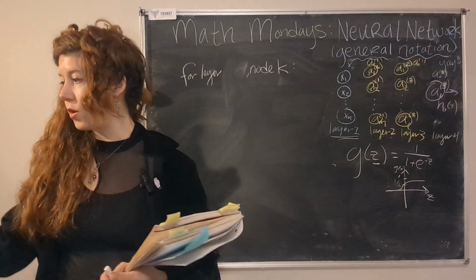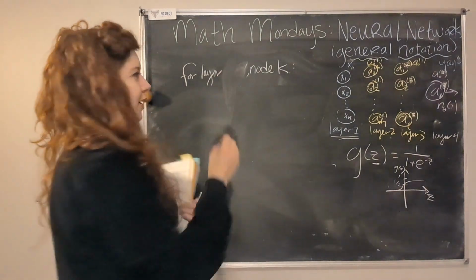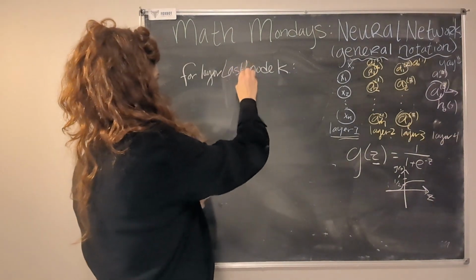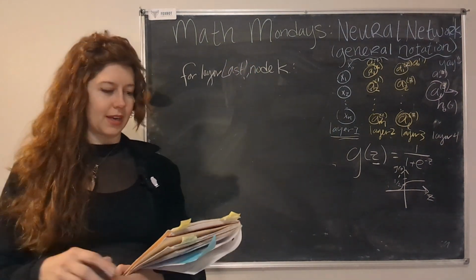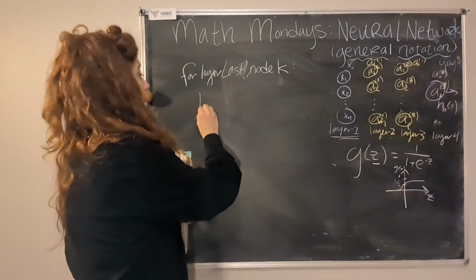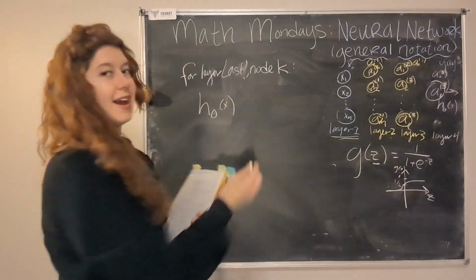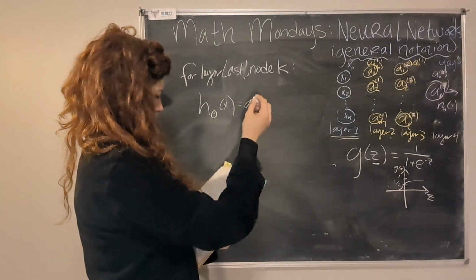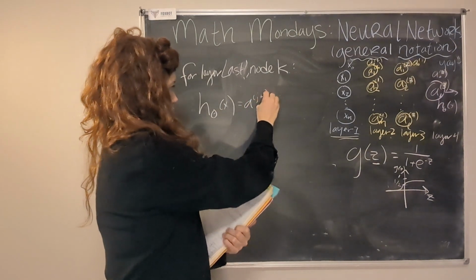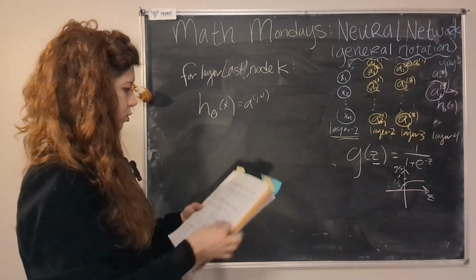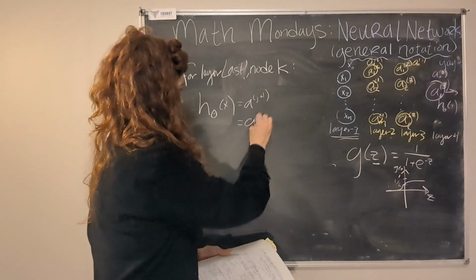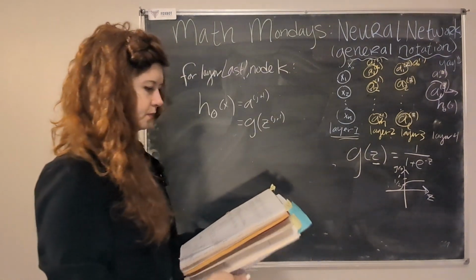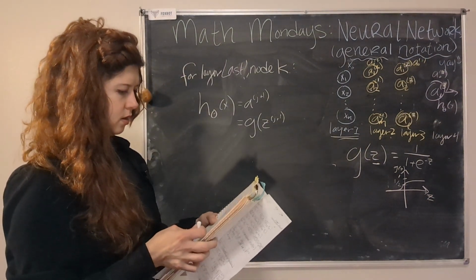So for the last layer, node k, our hypothesis function is going to equal a of j plus 1, which is going to equal the sigmoid function of z of j plus 1. Cool.